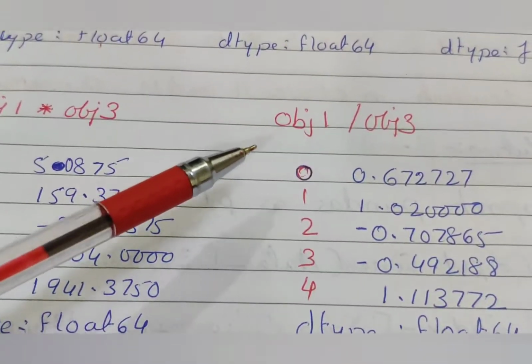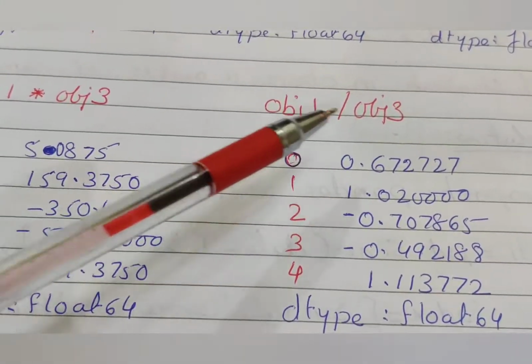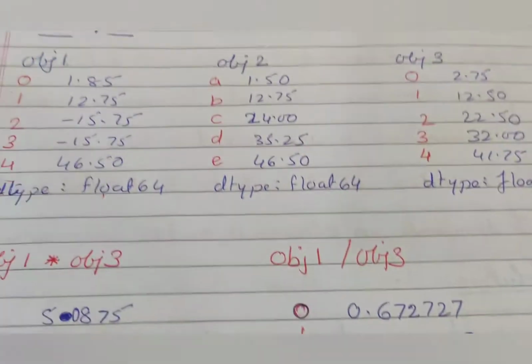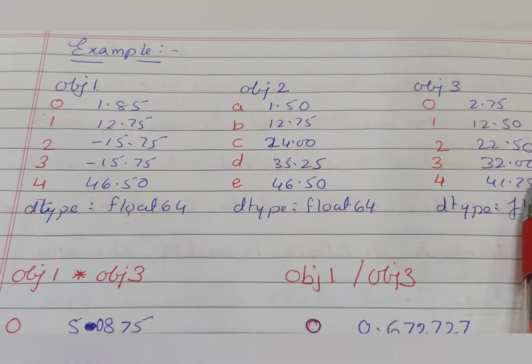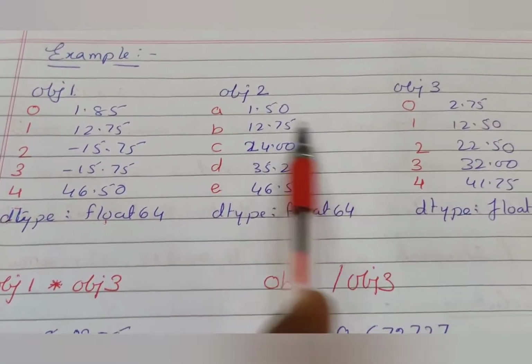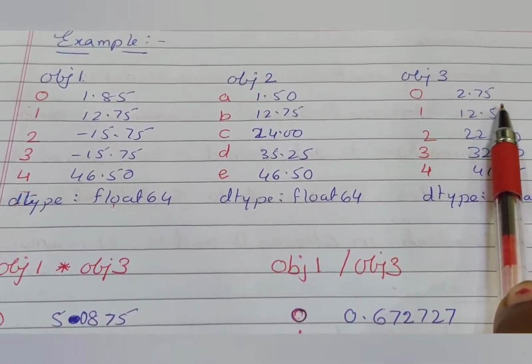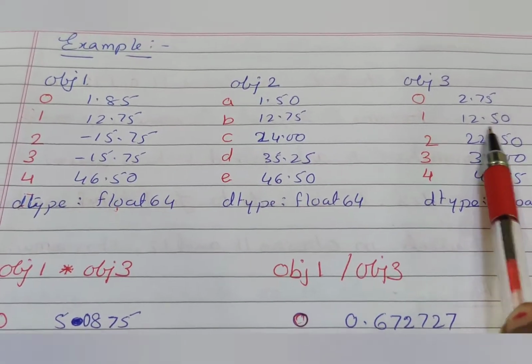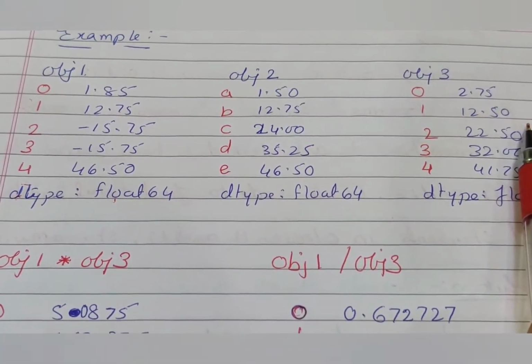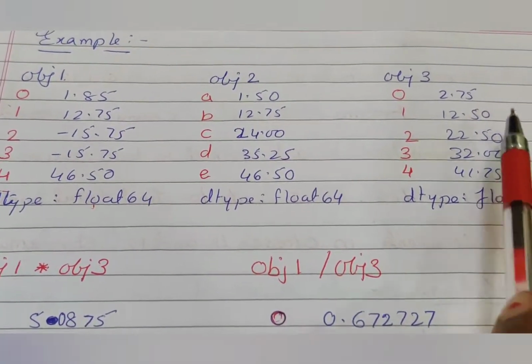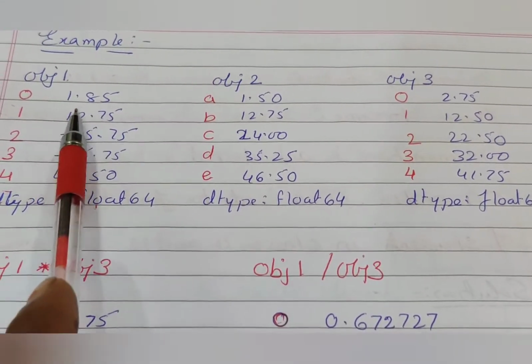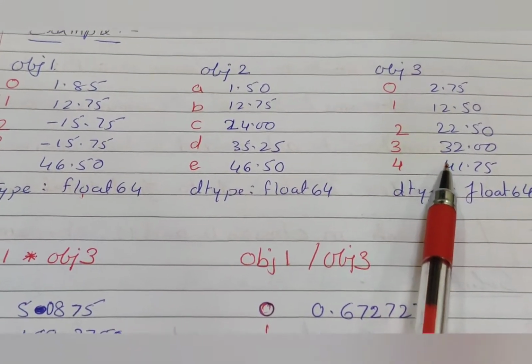Okay, if I write obj1 divided by obj3, then what will happen? 1.85 divided by 2.75 it will do. 12.75 divided by 12.50. ओके, अंडरस्टूड. ऐसा नहीं कि 1.85 तो कोई भी इसमें से वैल्यू लेके उसको डिवाइड कर देगा.